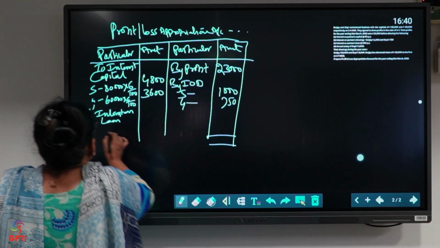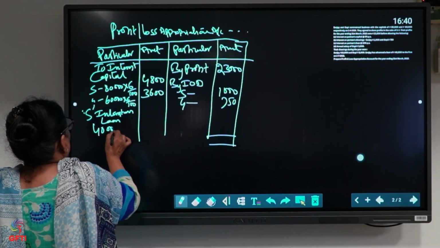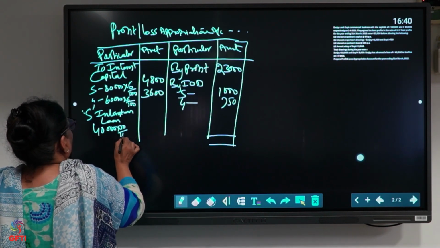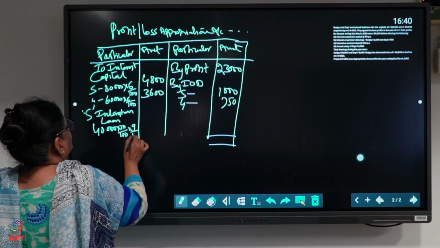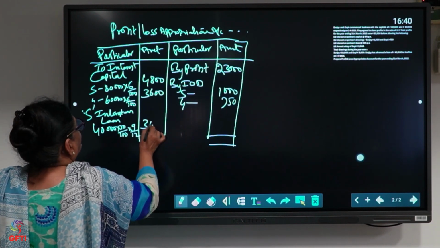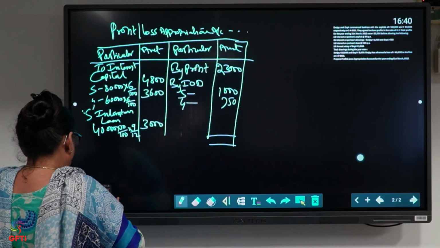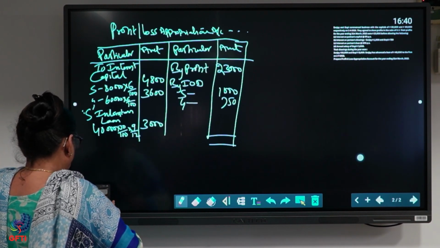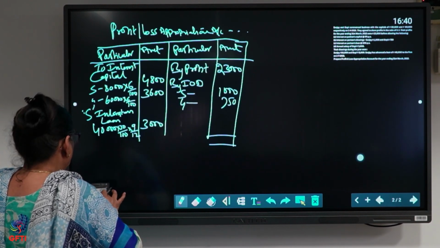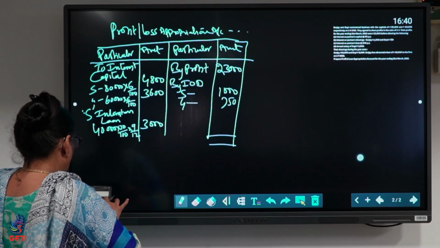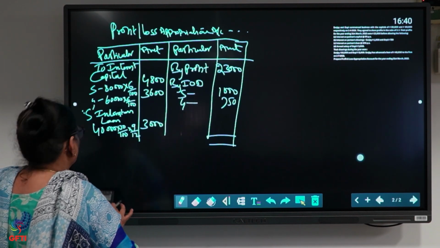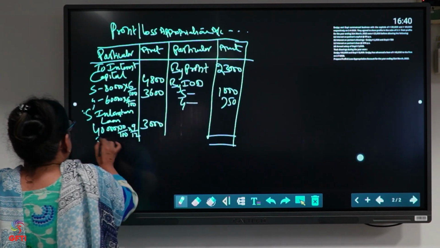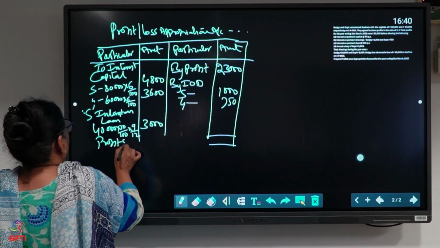So 40,000 was there. Take this 40,000, 10 by 100 into 9 by 12, from 1st of July. So it is 3,000. Just check: 40,000 into 10 divided by 12 into 9, yes, 3,000. Correct?